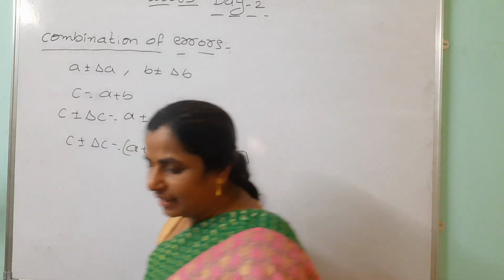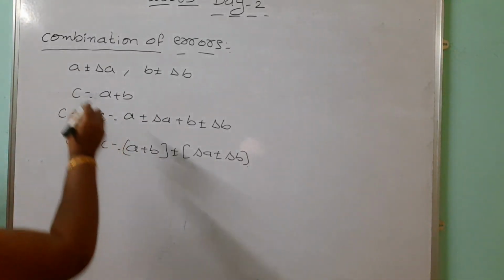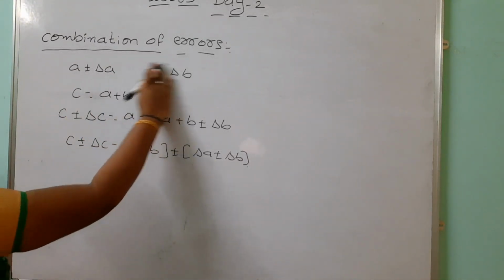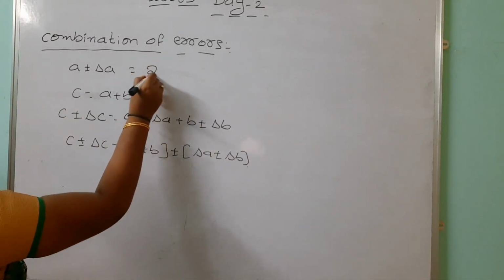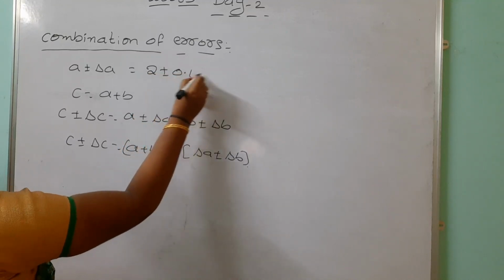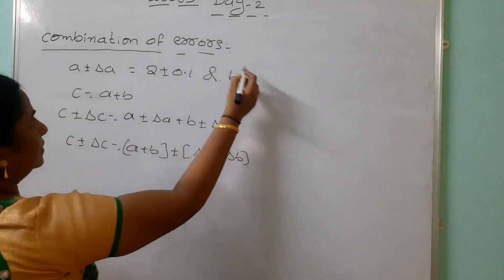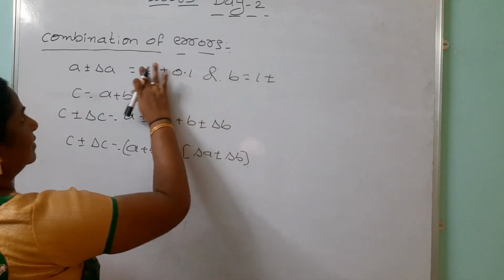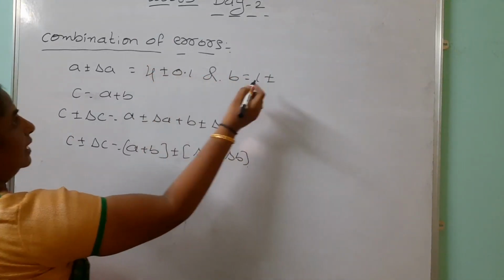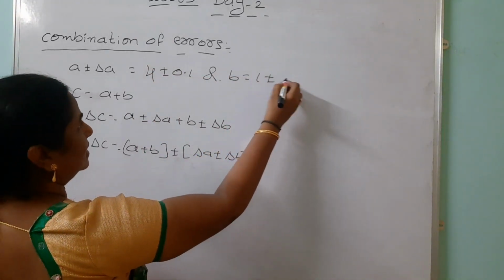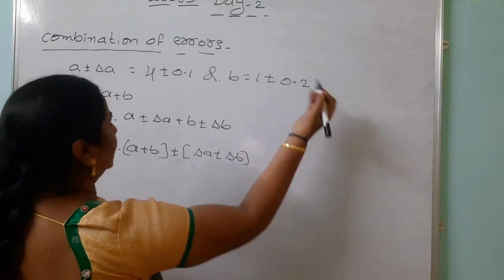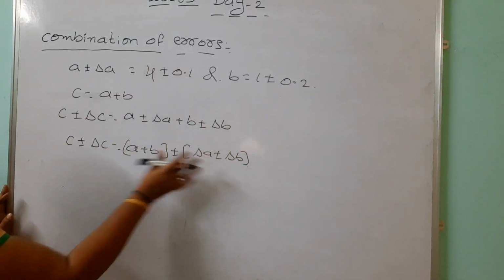Suppose practically we take A plus or minus delta A as 4 plus or minus 0.1 and B as 1 plus or minus 0.2. Then how to find out the error in addition?